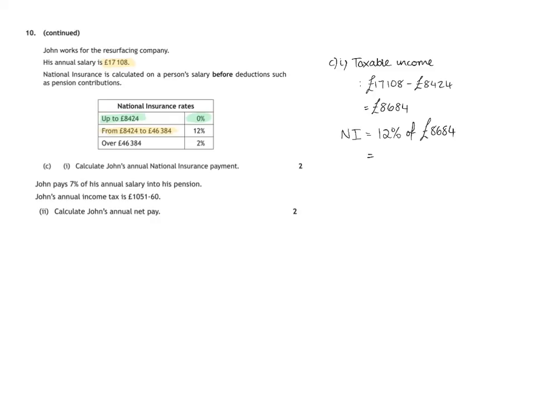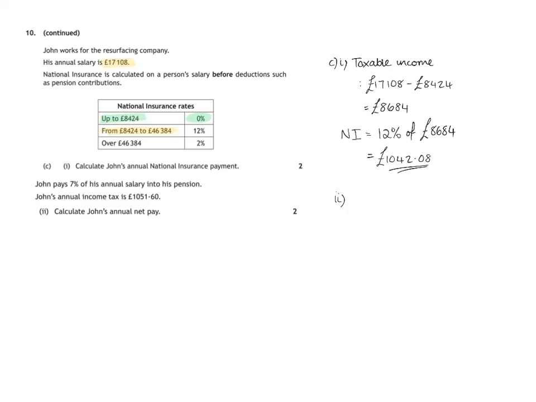Which is £1,042.08. So part 2 of this question says that he pays 7% of his annual salary into his pension.